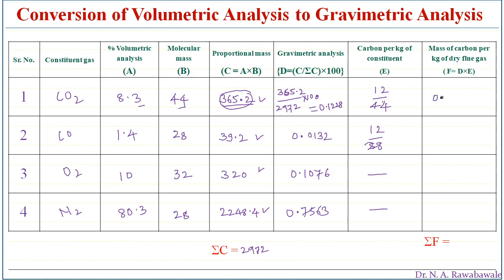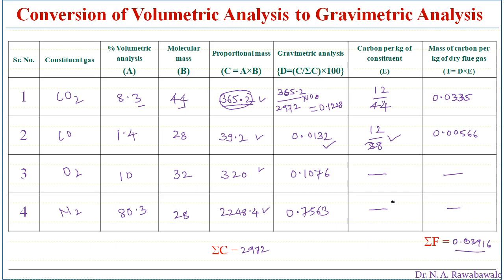This gives us 0.0335, and if we multiply 12 by 28 with 0.0132, this gives us 0.00566, and there is no carbon in the remaining gases. So the summation, if we add, gives 0.03916. The mass of carbon per kg of dry flue gases is this much.